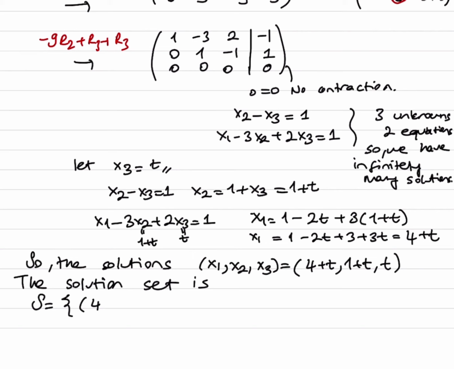So what is wrong? But I think we are doing correct, right? So did I do something wrong here? 1 minus 2t. What is x2? x2 is 1 plus t.